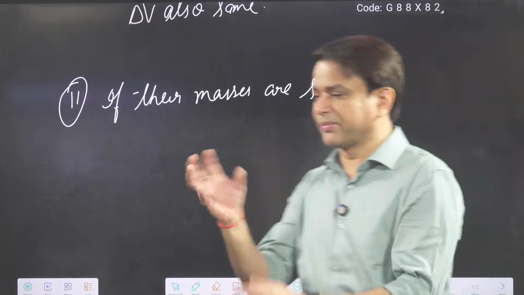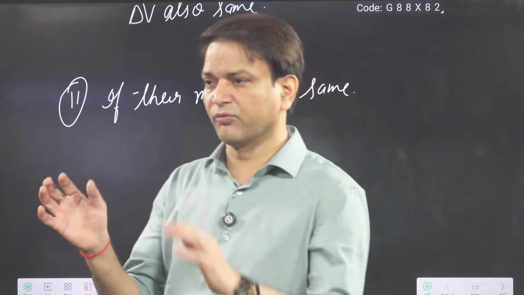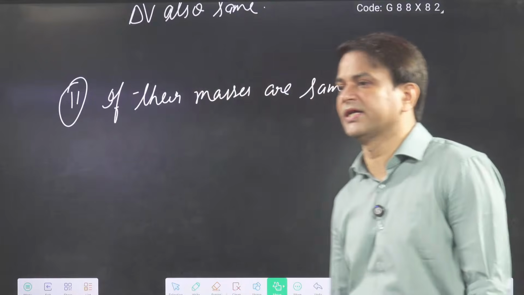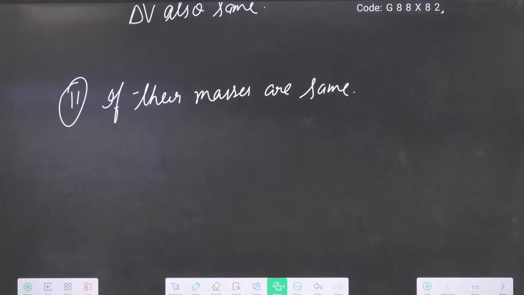One is solid, one is hollow, with the same mass and the same material. Which will have the more radius, hollow or solid? Hollow, good.